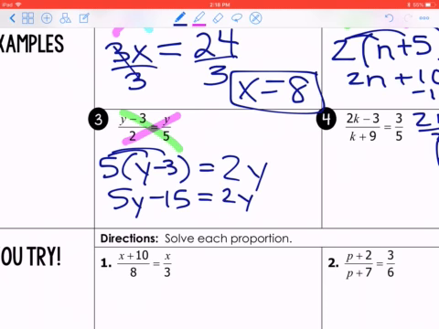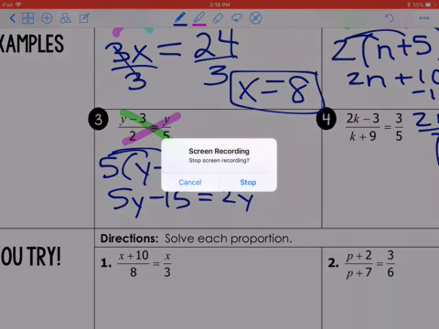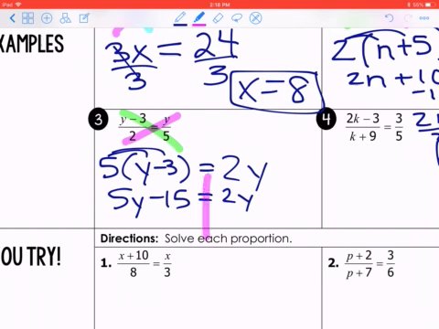Now we're going to get all of our variables on one side because we need to solve now, okay? So I'm going to add 15 to both sides. Oh, just kidding. We're not doing that. I'm ahead of myself. We are going to subtract the 5y from both sides.